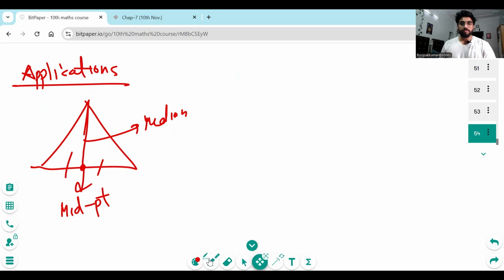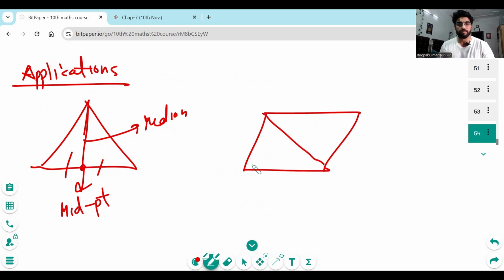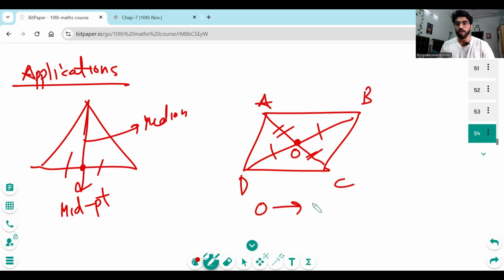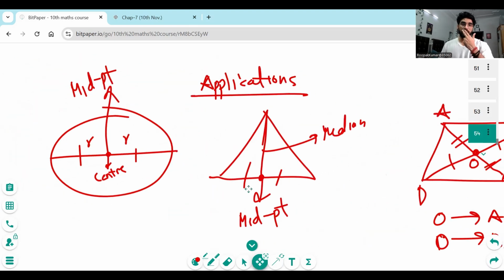In a parallelogram, the diagonals bisect each other. This is equal to this, this is equal to this. This point is the midpoint of both diagonals. So if we have a parallelogram, then we'll say O is the midpoint of AC as well, and O is the midpoint of BD as well. So that's how there are multiple uses of the midpoint formula.